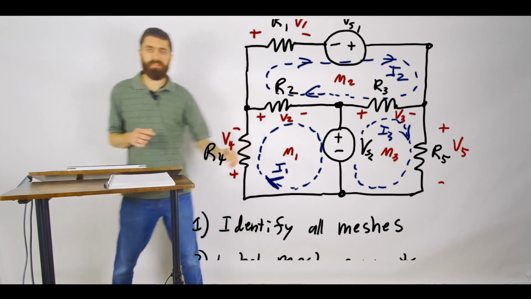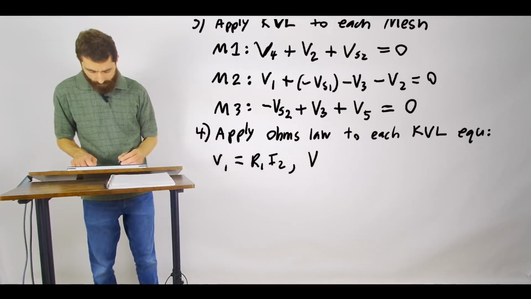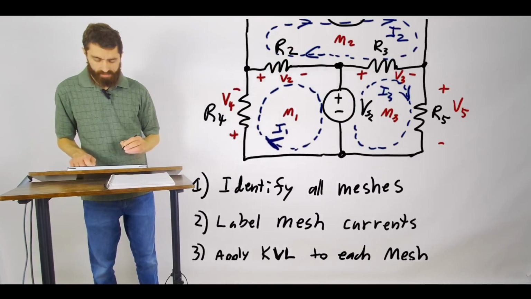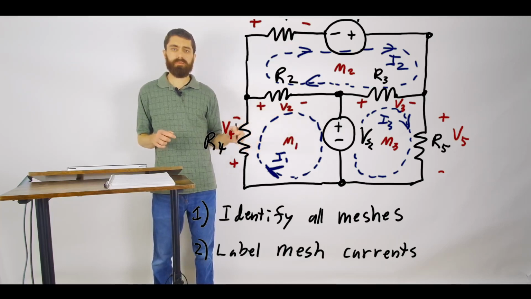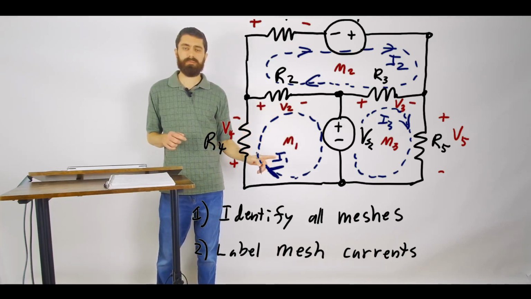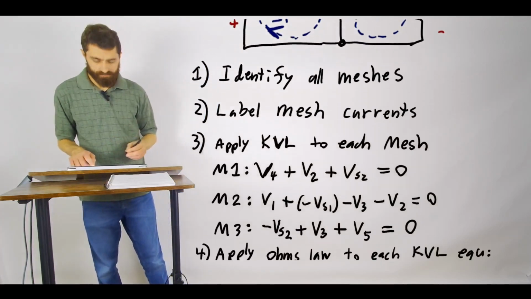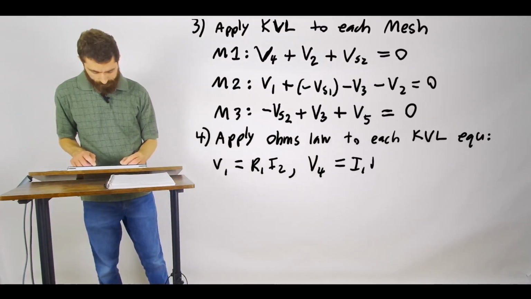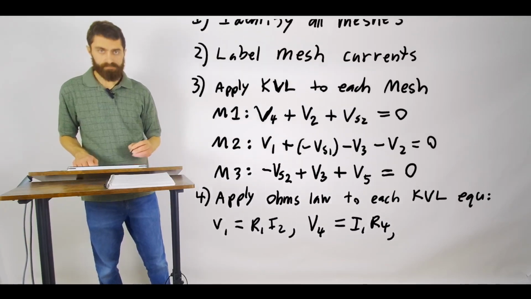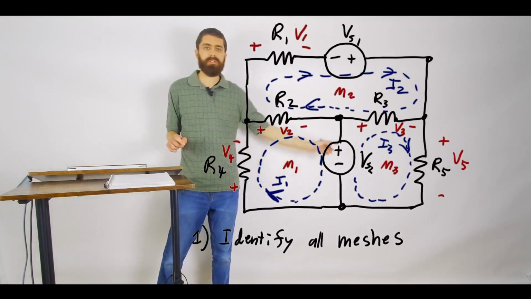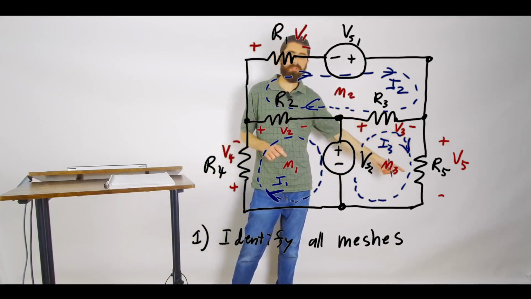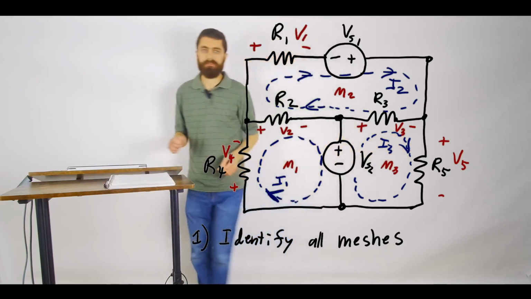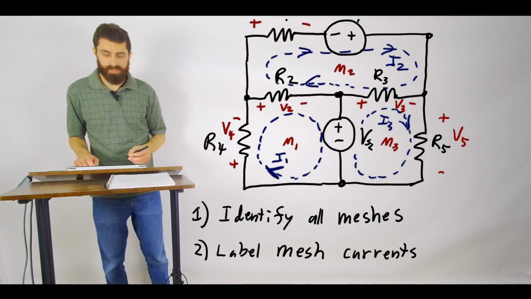Let's do R4. V4 is equal to the current through this resistor times R4, so it's I1 times R4. Now let's do our V5. Here we have a mesh current I3 times R5 equals V5. So V5 equals R5 times I3.